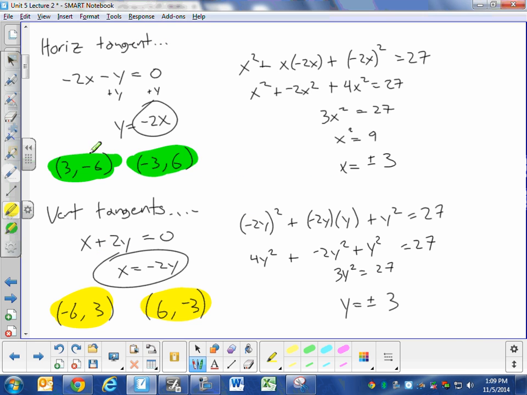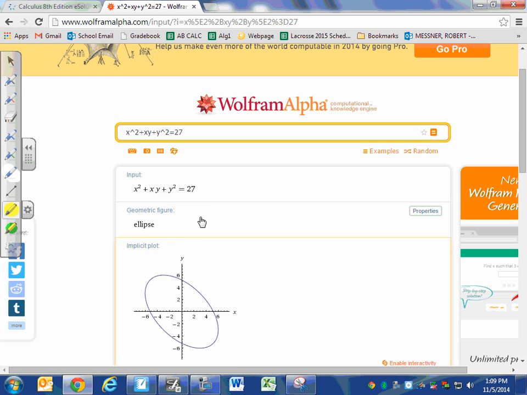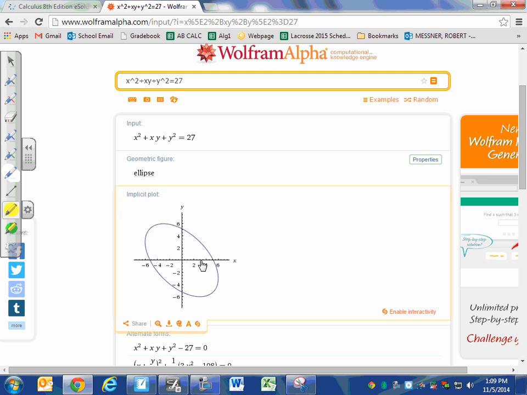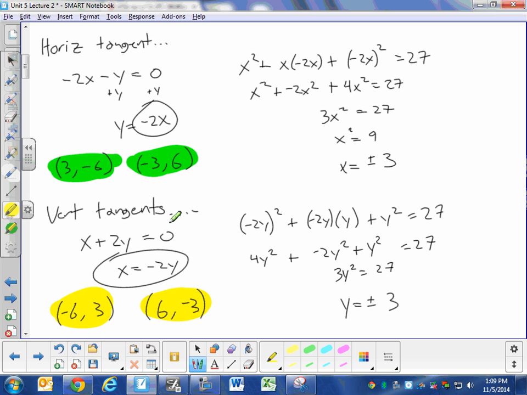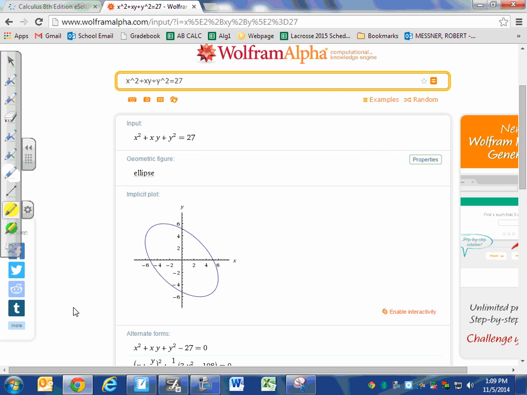I'm looking for horizontal tangents at 3, -6 and -3, 6. The tangent there looks to be horizontal. Got it. Vertical tangents at -6, 3 and 6, -3. That's a vertical tangent. Boom. We win.